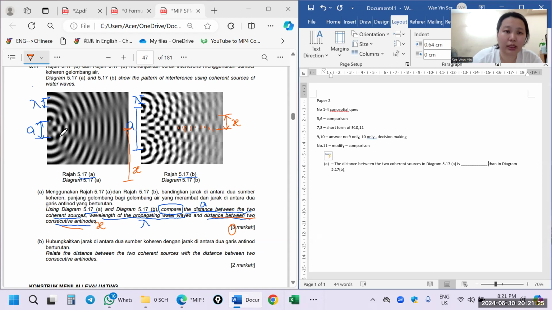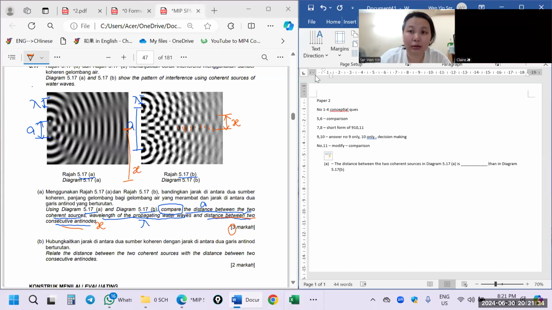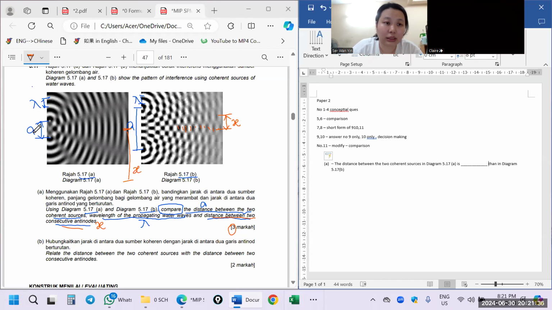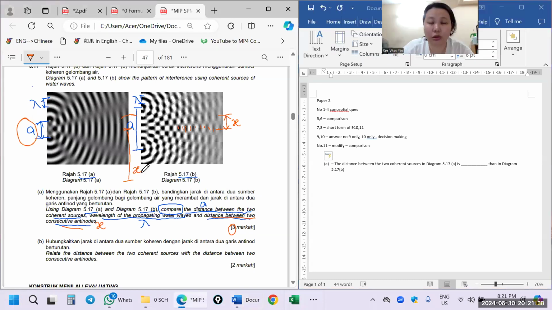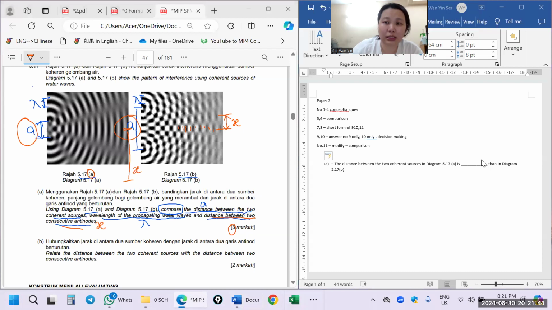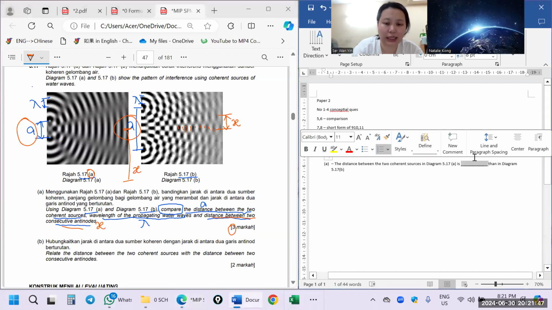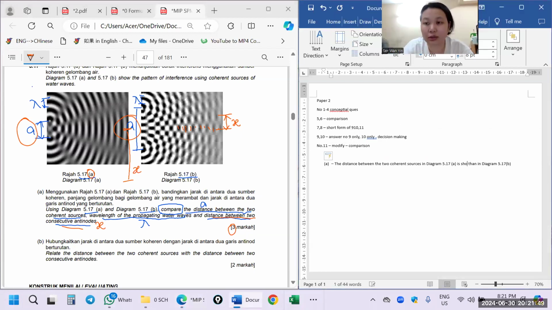So what do you think? This A is bigger or shorter? Can you please type your answer? This A is greater or shorter? Yeah, thank you, Angelina. So actually we call it shorter than in diagram 5.17b.